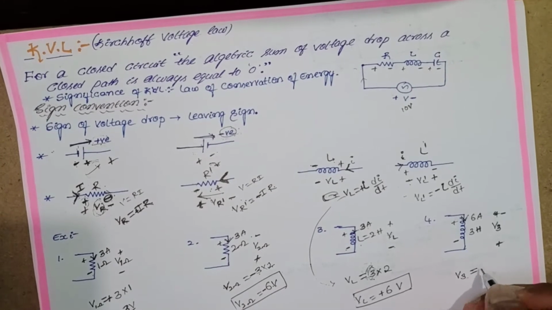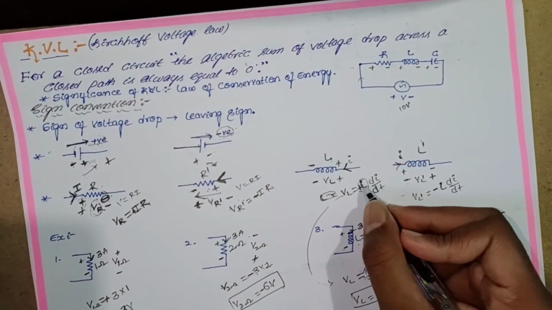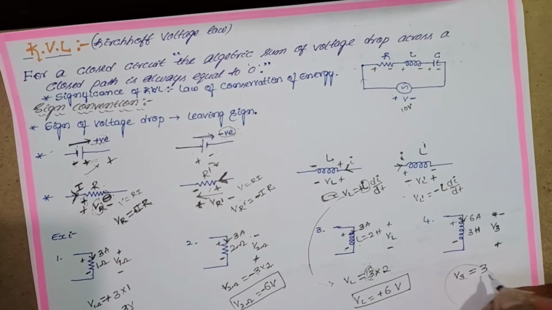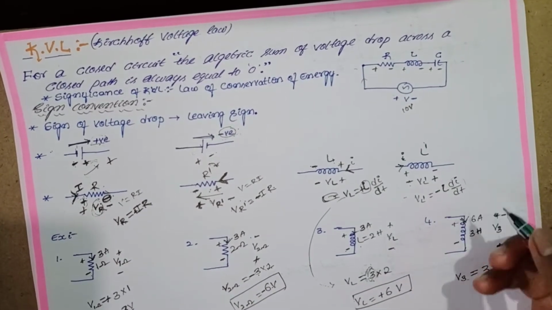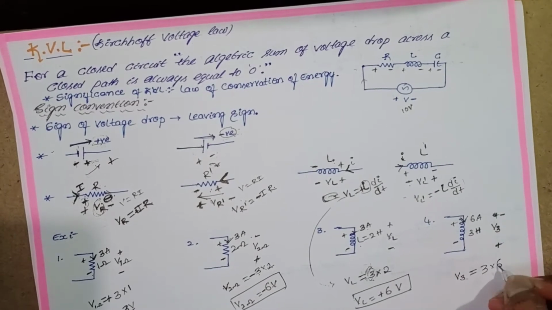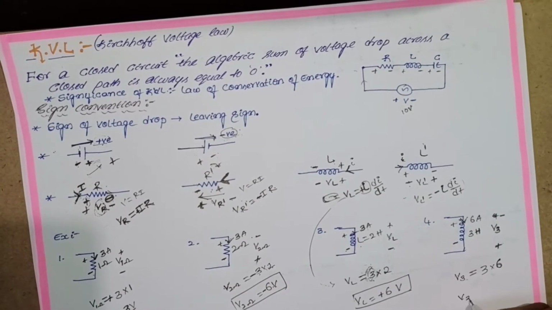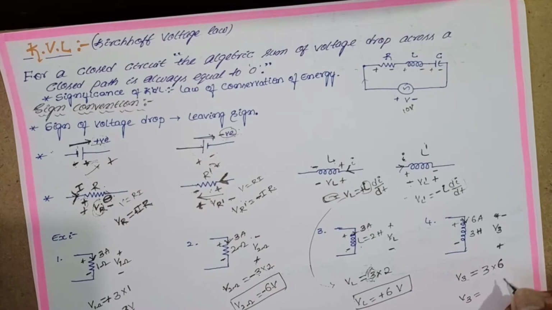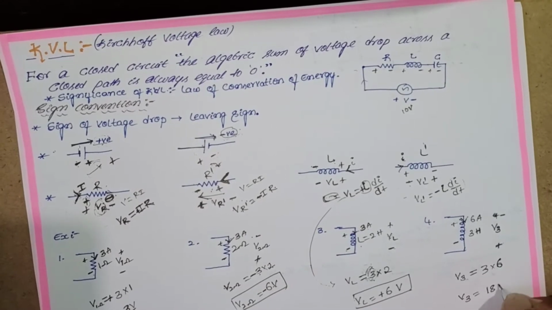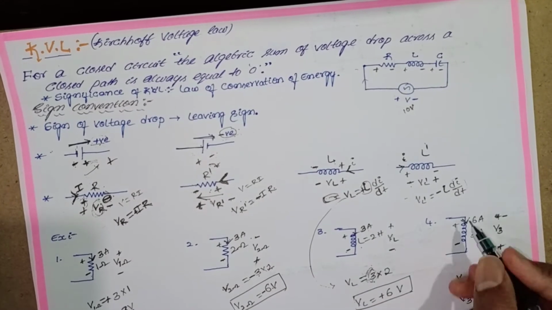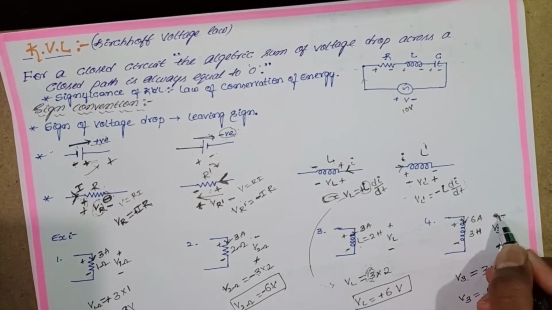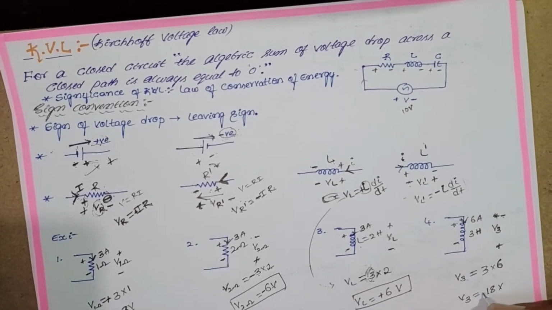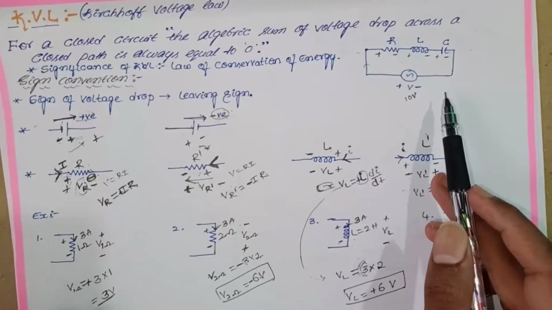V3 is equal to inductance, which is 3, into current, which is 6 ampere. So V3 is equal to 3 into 6, which is 18 volt. Positive or negative? Compare. Plus minus. Minus plus. That means opposite signs. You put a negative sign. Take another example.